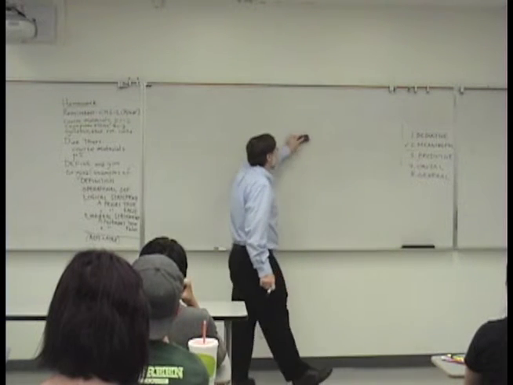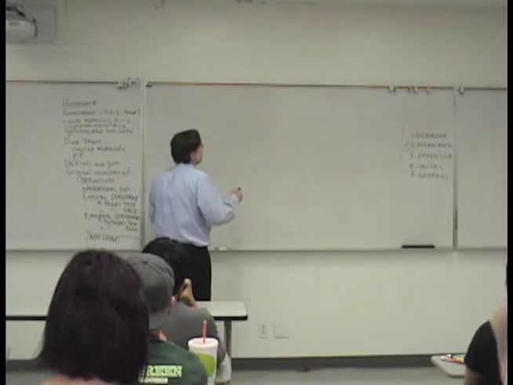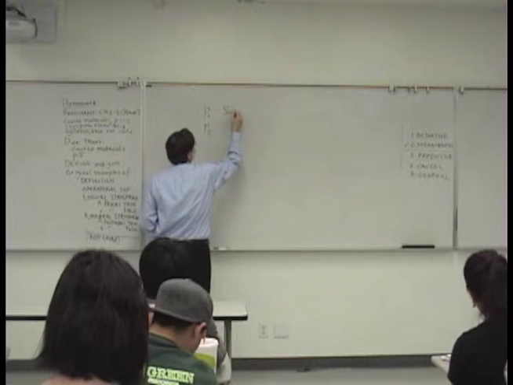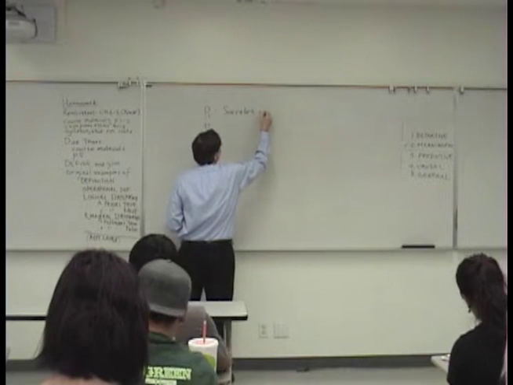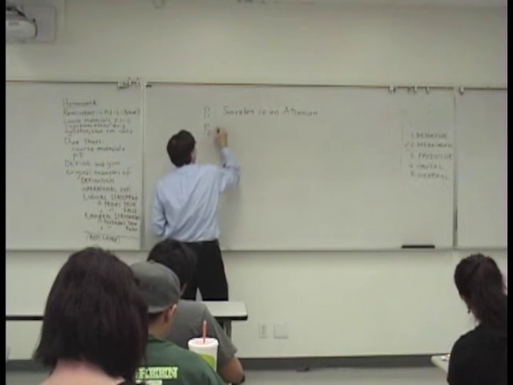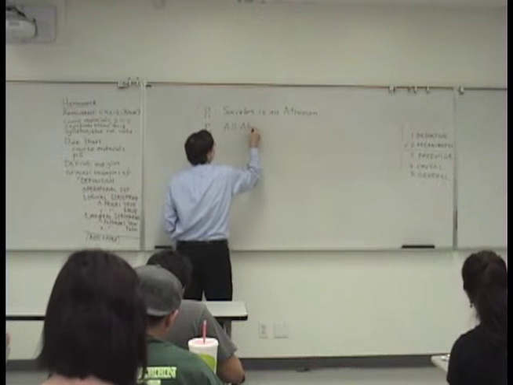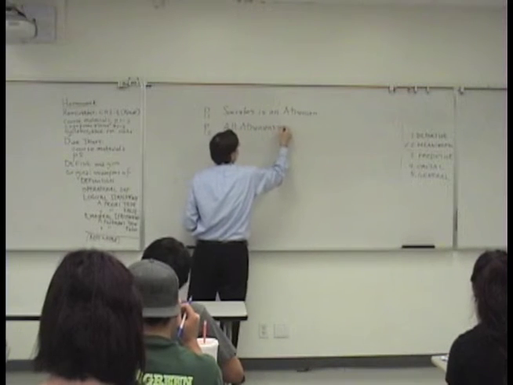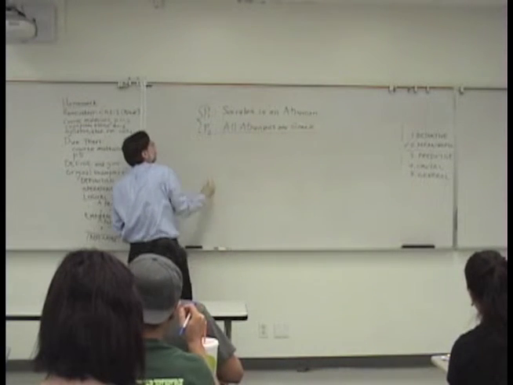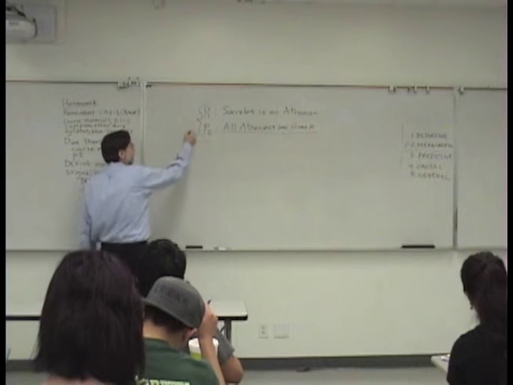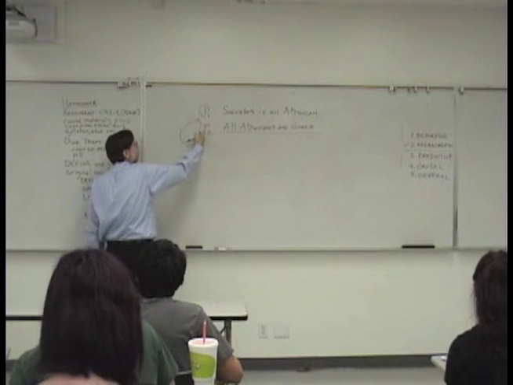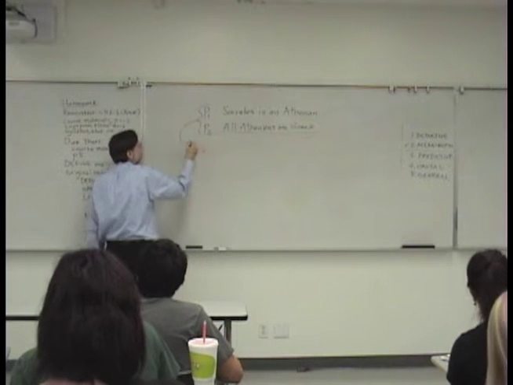All right, so we've had the idea of deduction, and we had this example. Premise 1 and premise 2: Socrates is an Athenian, and all Athenians are Greek. A deduction has the property that going from P1 and P2 to the conclusion is called deduction.